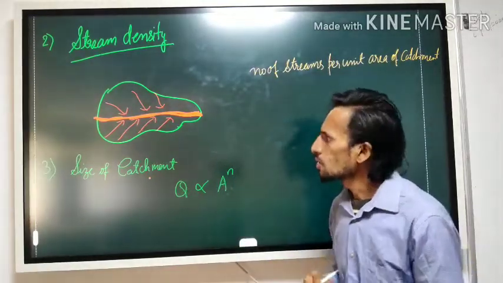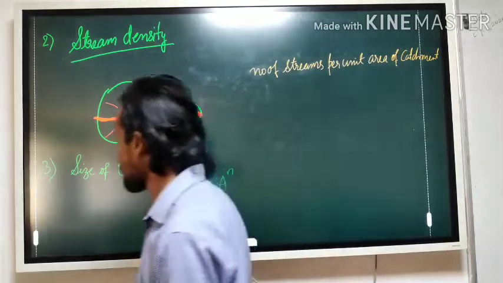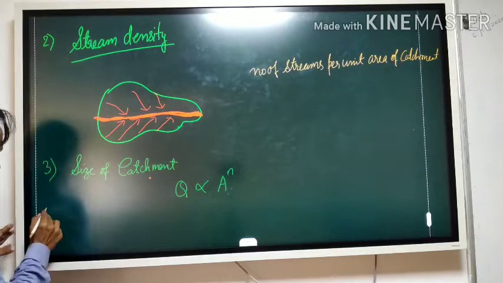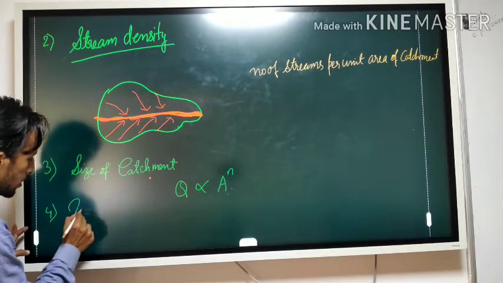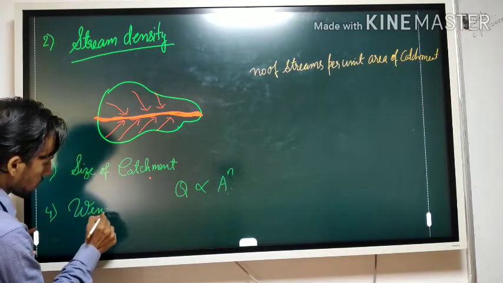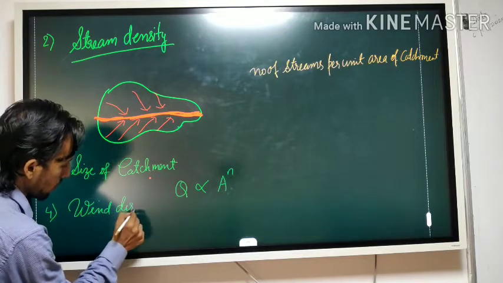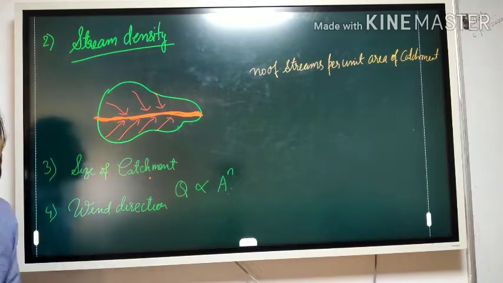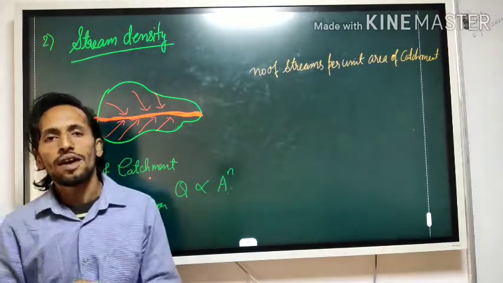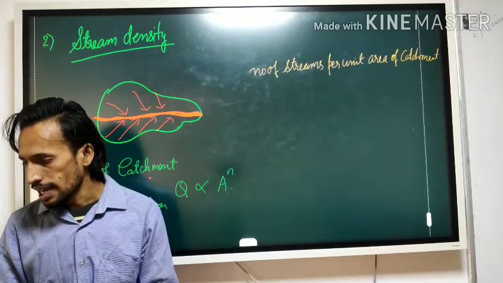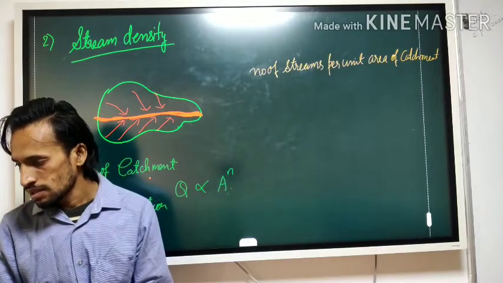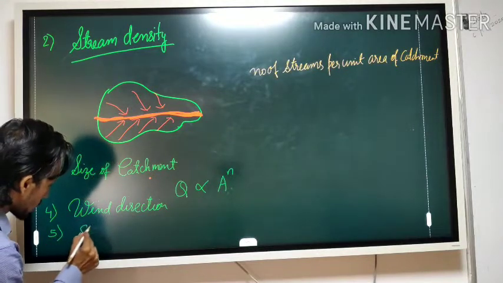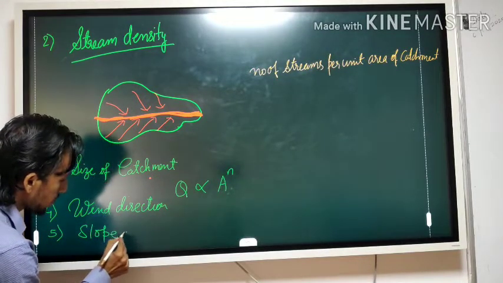So this can be your third point. There can be a number of things, like wind, or let's say wind direction. Wind direction will also affect the shape of the hydrograph. Then what can be another thing? It can be the slope of the catchment.